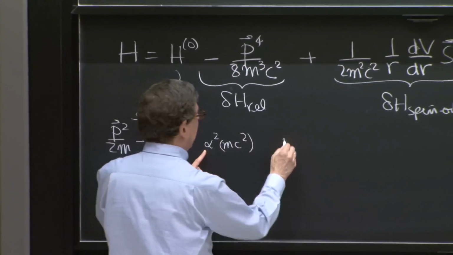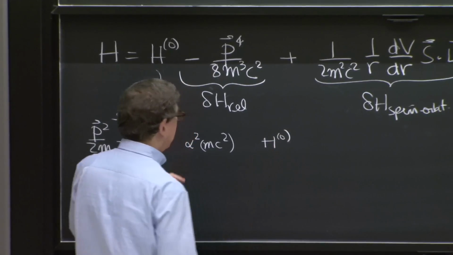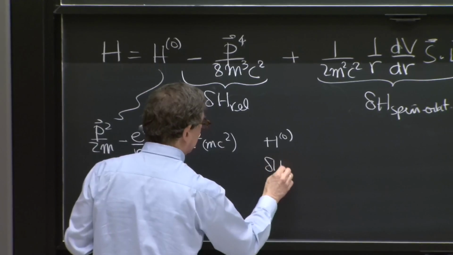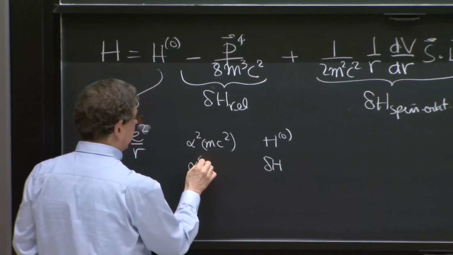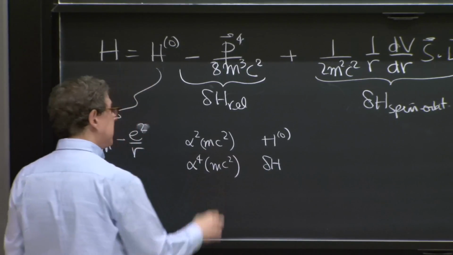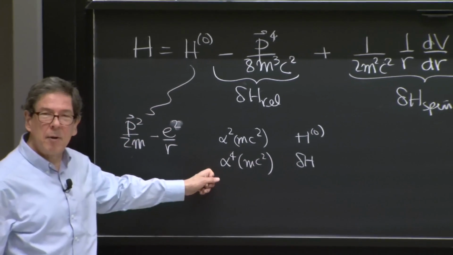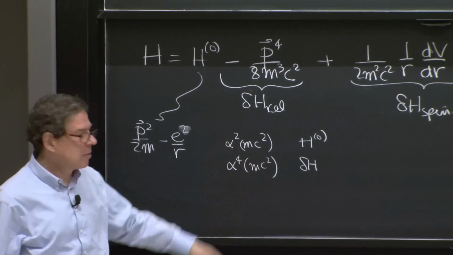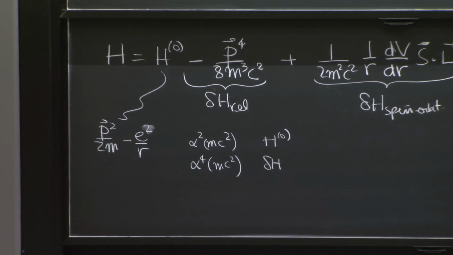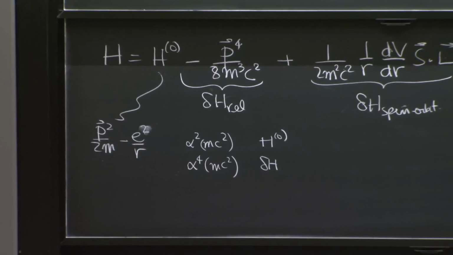But for H1, or for delta H, the energies go like alpha to the fourth mc squared, where m is the mass of the electron, and that's about 19,000 times smaller. So this is our perturbation, and that's what we have to understand.